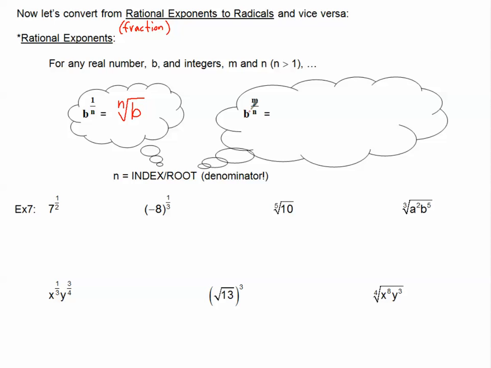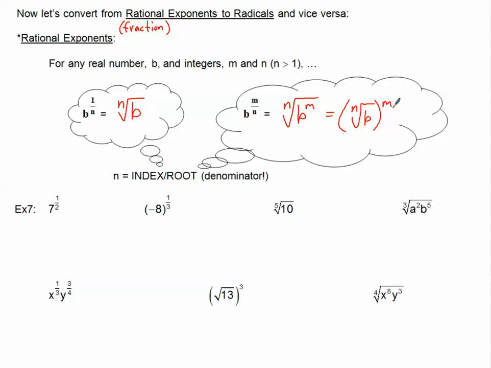If you have a fraction exponent that has a numerator other than 1, so let's just call it m, then there's actually two different versions for this. We could say it's still an nth root. We could say the nth root of b raised to the m power underneath the radical sign. Or we could take the nth root of b and raise that entire thing to the mth power.